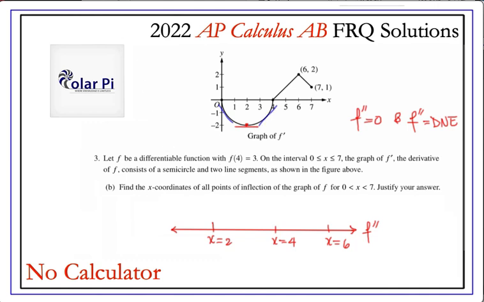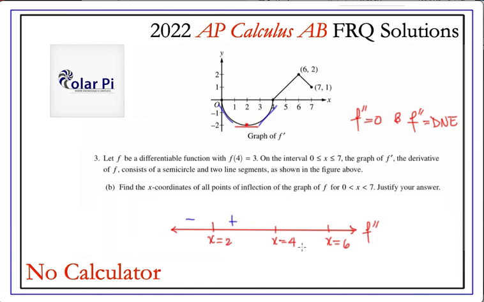I think I misspoke once or twice, said f, but I meant f prime. The slope of f prime is speaking of f double prime, right? So f double prime goes from negative, because the slope of f prime is negative there via that tangent line, and then went to positive. So negative to positive, got it.